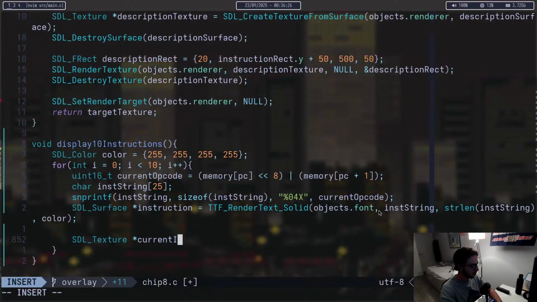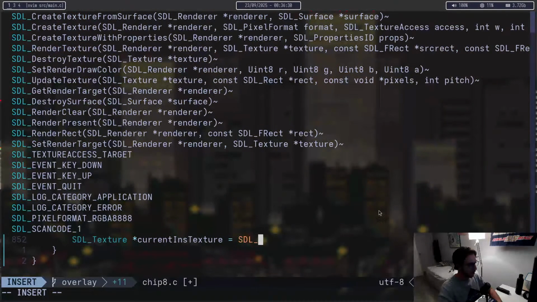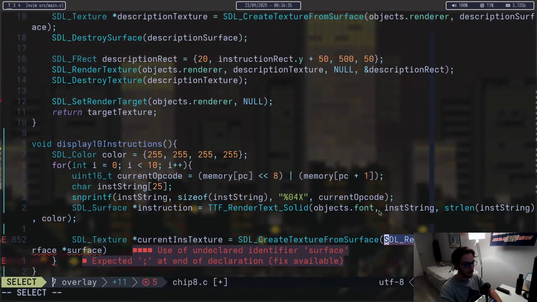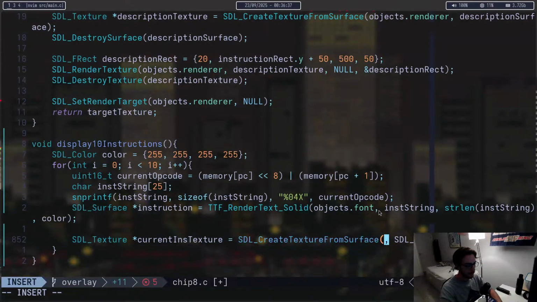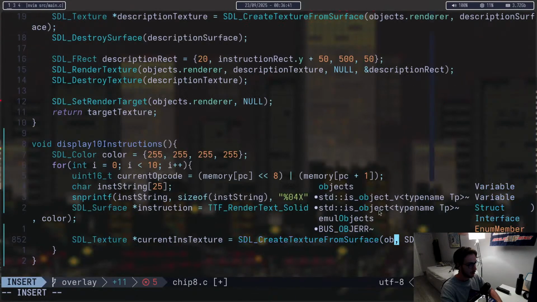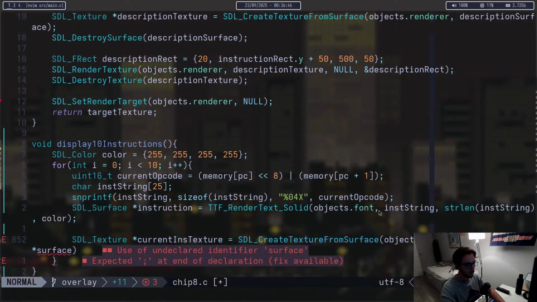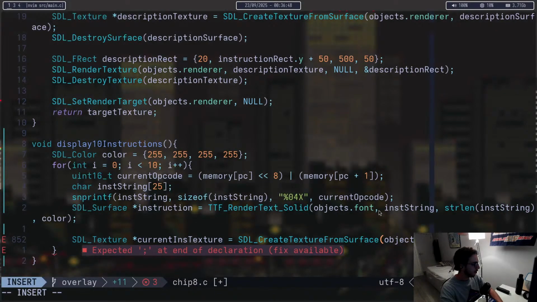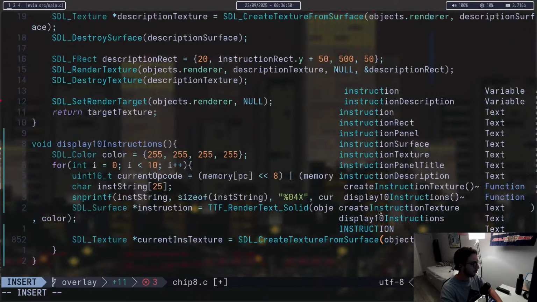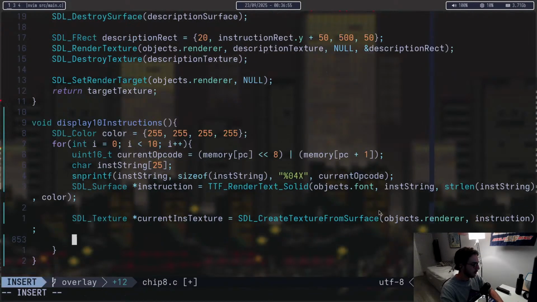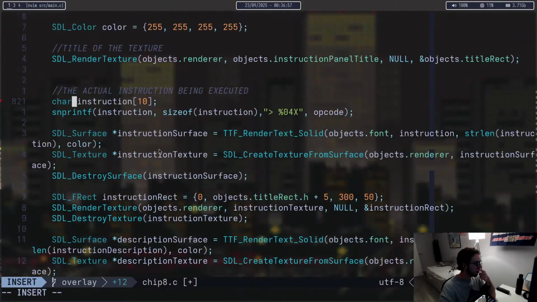Current inst texture. Create texture for surface, which would be rendered. This would be objects dot render, and then this would be structure. So now I have my texture, so I have to grab my rect.